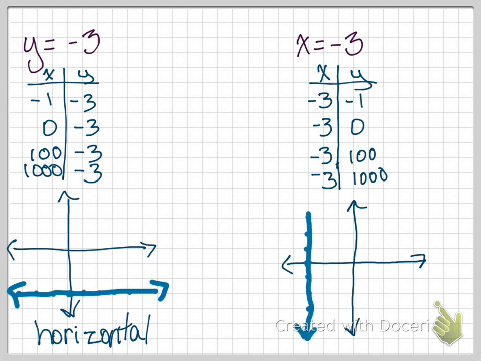What's my y-intercept here? For this line I just drew, what's my y-intercept? Where does it cross the y-axis? Nowhere, okay? When you've got a vertical line, you don't have a y-intercept.